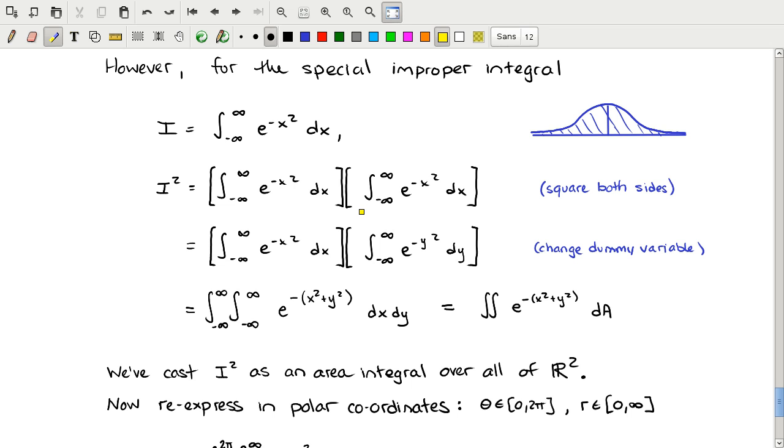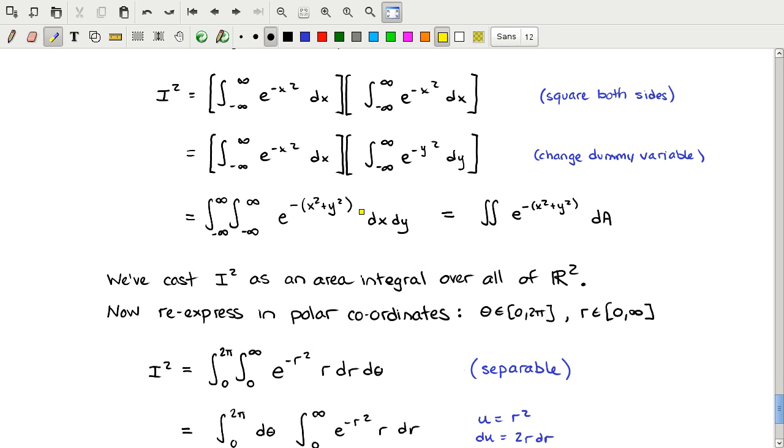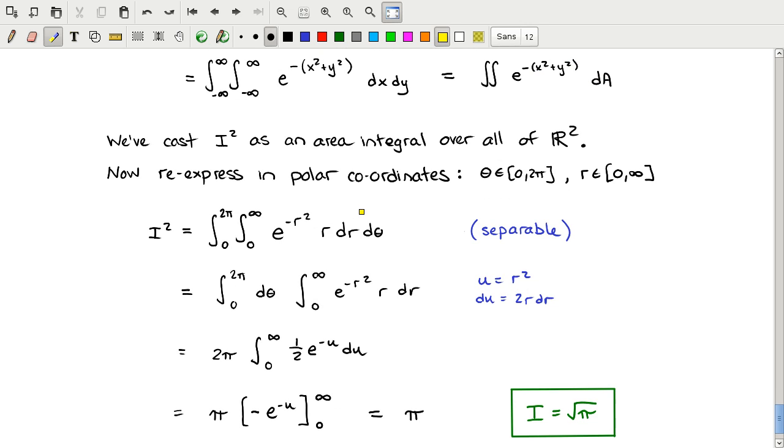Okay, now, here's where the magic happens. Let me think of it now in polar coordinates. Here I have an x squared plus y squared. That's going to become an r squared. So that's handy. And here I have a dA. We already figured out what dA is in polar coordinates. It's r dr d theta. So that becomes this right here. And the only thing that's necessary to do then is to change our bounds.